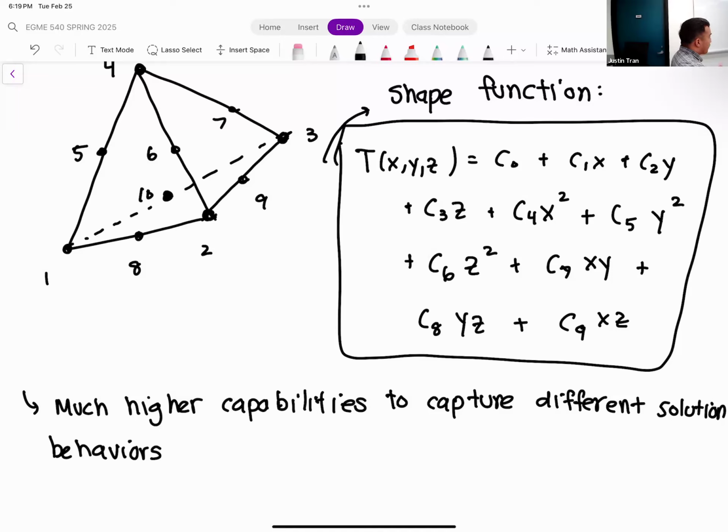Right, the main benefit that you get for the addition of the quadratic terms is that any quantity that has a very fast change, you can capture that better with a quadratic.